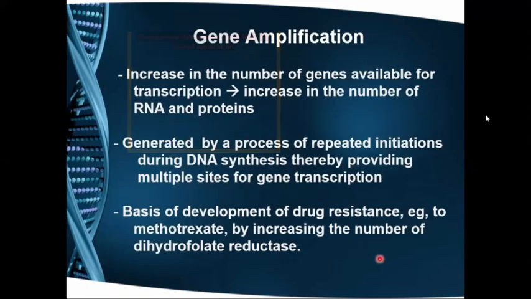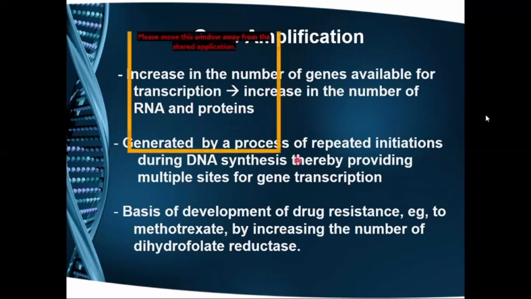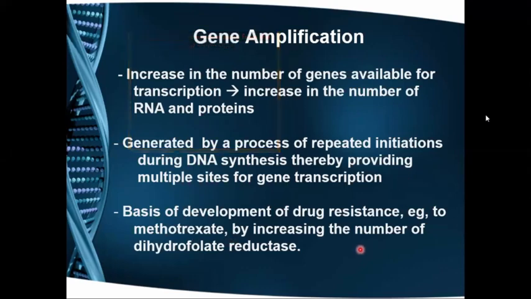And then gene amplification: an increase in the number of genes available for transcription, and an increase in the number of RNA and proteins. And this is generated by a process of repeated initiation during synthesis, thereby providing multiple sites for gene expression. And this is the basis for the development of drug resistance, such as resistance to methotrexate, which is a chemotherapeutic agent and used for autoimmune diseases.